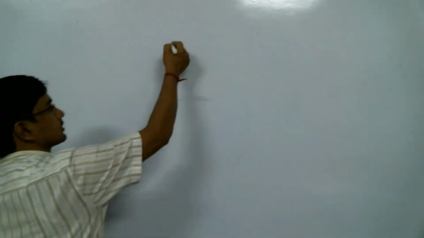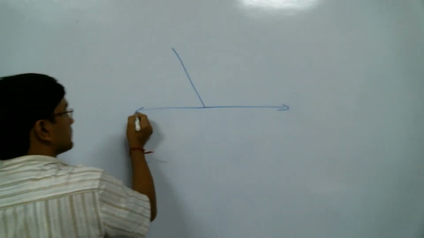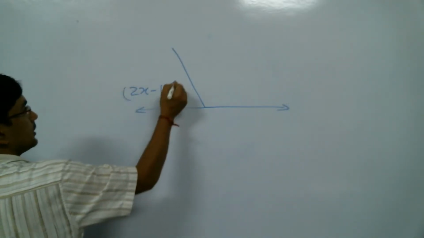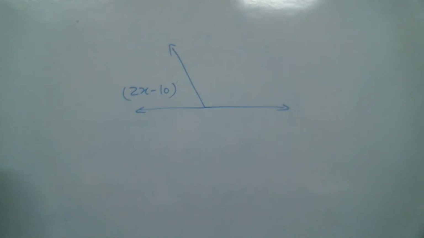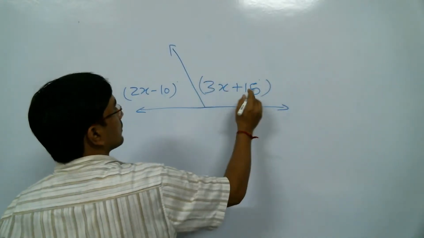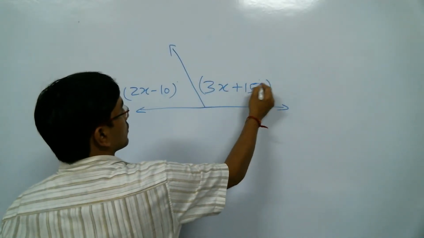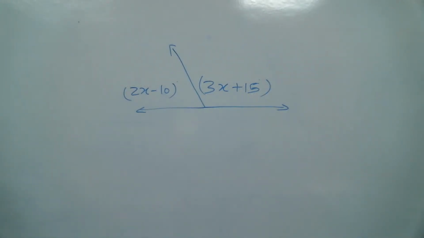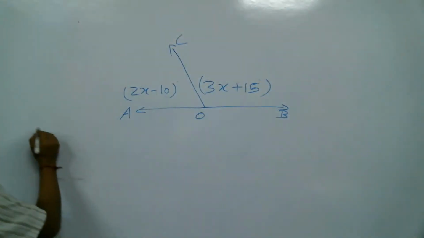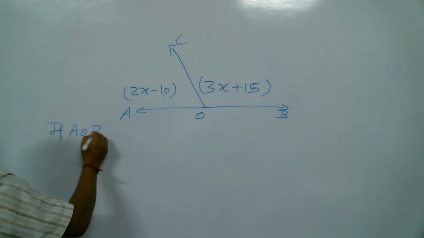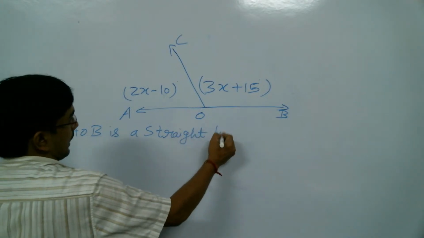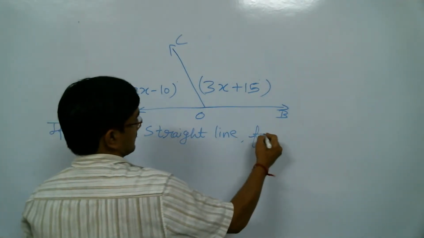Suppose here are two angles. One is 2x minus 10 degree. The other one is 3x plus 15 degree. Now you all just tell me, if AOB is a straight line, find x.